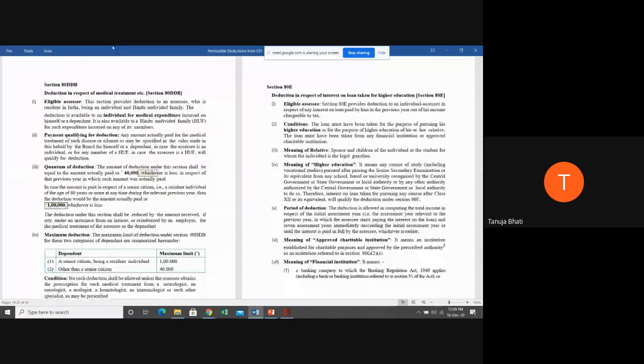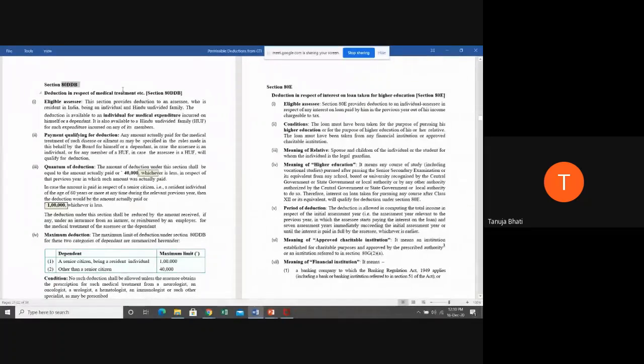Now let us next see 80DDB. 80DDB is nothing but when an individual is making a medical expenditure, either on himself or a dependent, then he will get a deduction under section 80DDB. Now, what is the quantum of deduction?